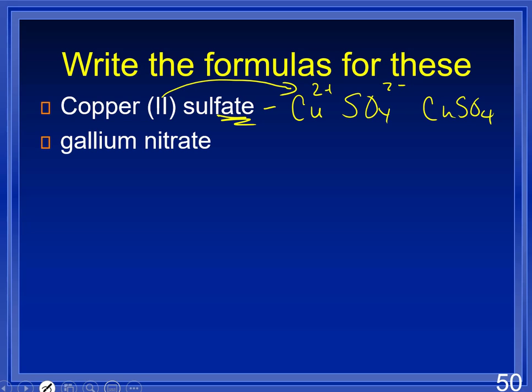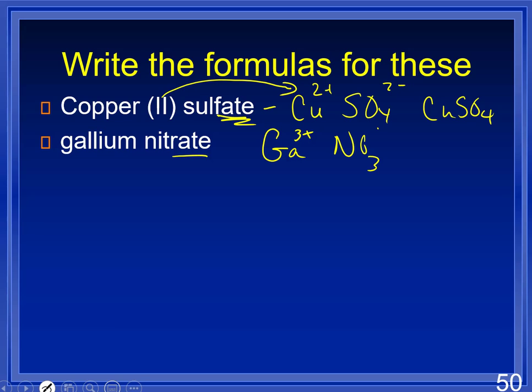Gallium nitrate. So gallium is Ga. Its charge, because it's in group 3A, is going to make a 3 plus ion. Nitrate, ATE at the end.